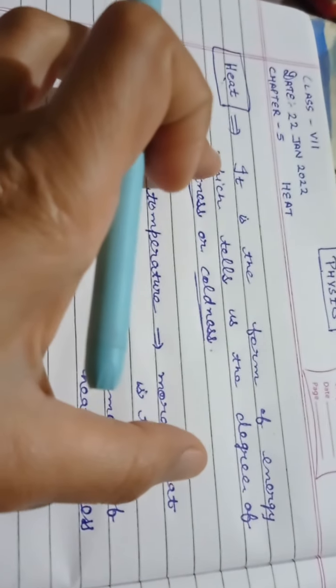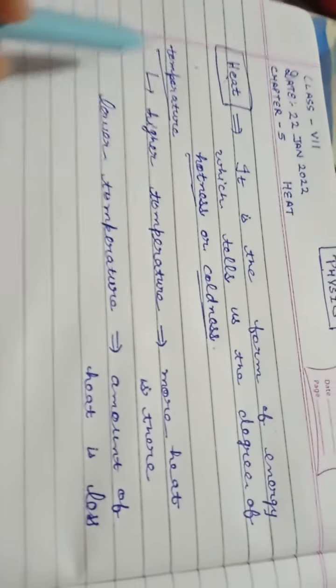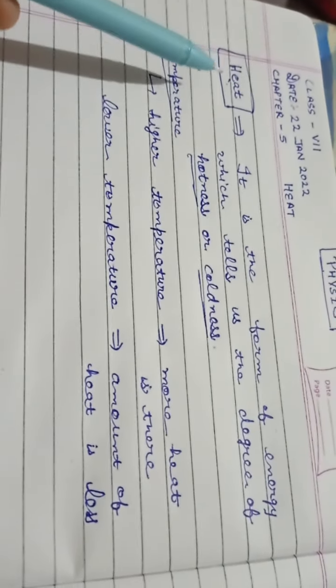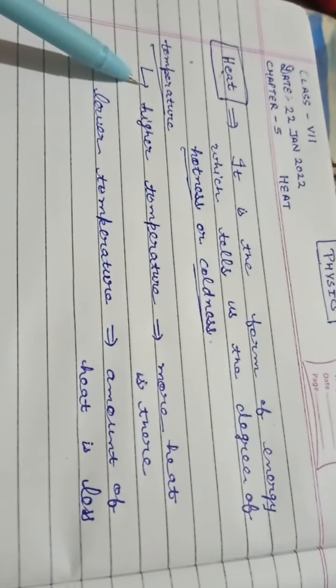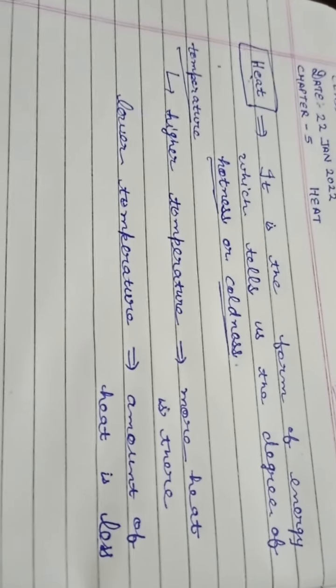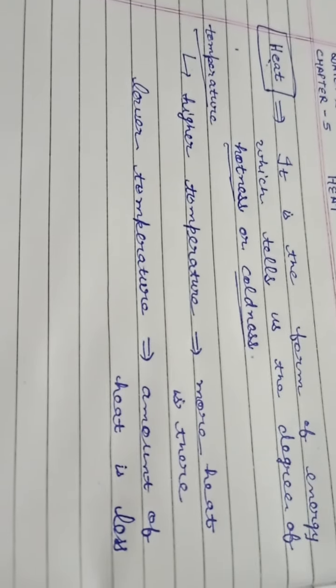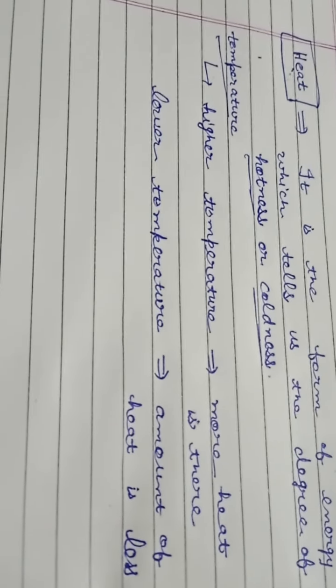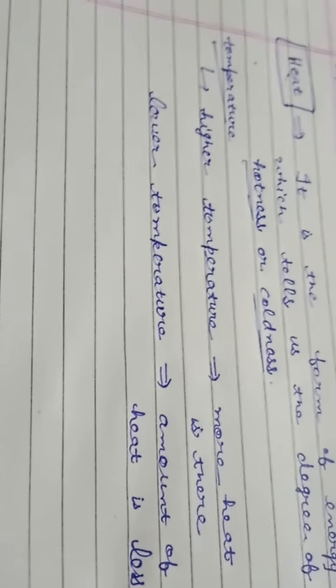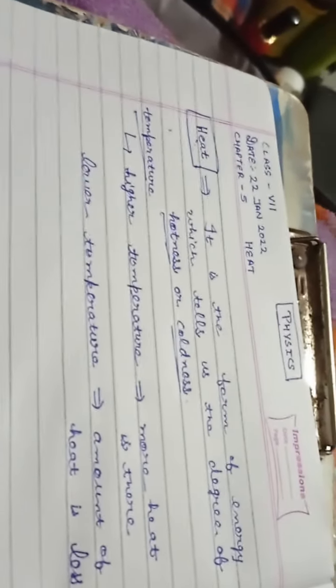Now we have discussed what is heat. It is the form of energy which tells us the degree of hotness or coldness, and there is a relation between heat and temperature. Now, on what factors does the heat required to raise the temperature of a body depend? Because if you want to raise the temperature of a body, you need heat.